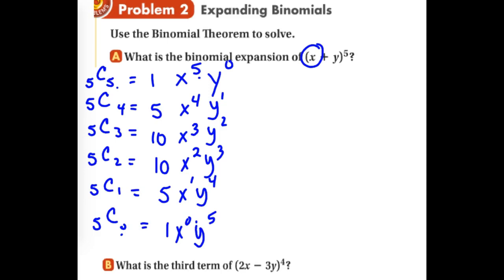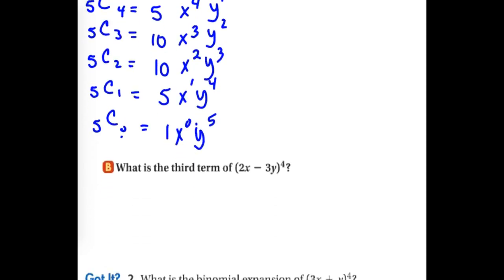So my whole answer was what? Give me the whole polynomial, all these pieces strung together. X to the fifth plus, hang on, our next term was 5x to the fourth, y to the first.